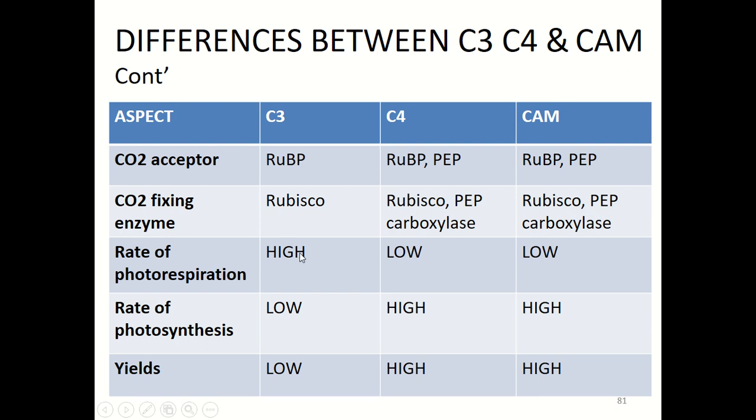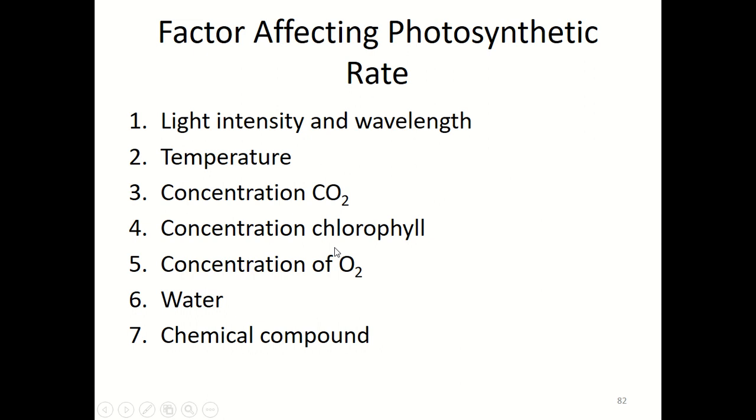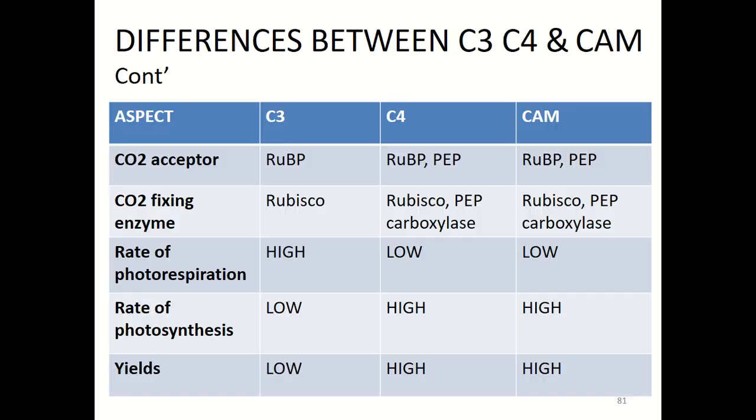And the rate of photorespiration in C3 plants is very high because Rubisco has higher affinity towards oxygen. Meanwhile, for C4 and CAM plants, the rate of photorespiration is very low because PEP carboxylase has higher affinity towards carbon dioxide. The rate of photosynthesis in C3 plants is very low due to the photorespiration process.